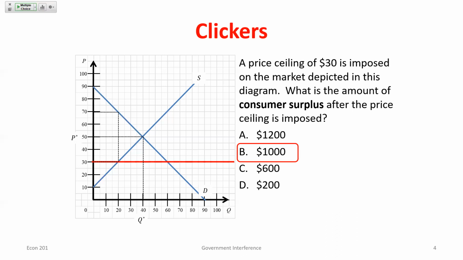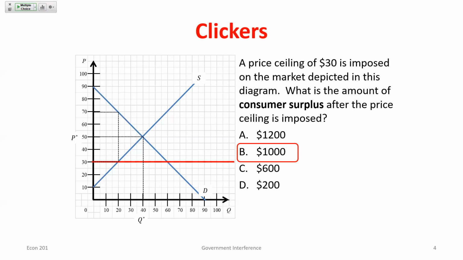But that was just part of the area that represented consumer surplus, because it goes from price all the way up to the demand curve. So there's that little triangle at the top, and I have to calculate the area of that as well. That little triangle goes from 90 to 70. Visually, that would be the height.